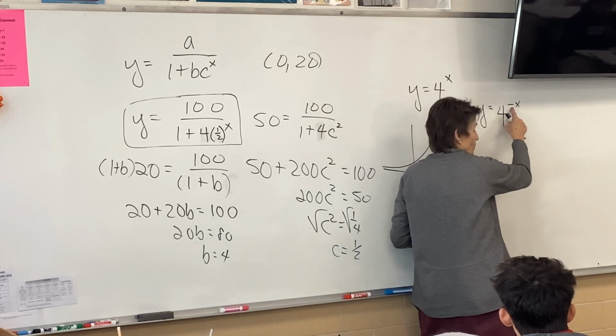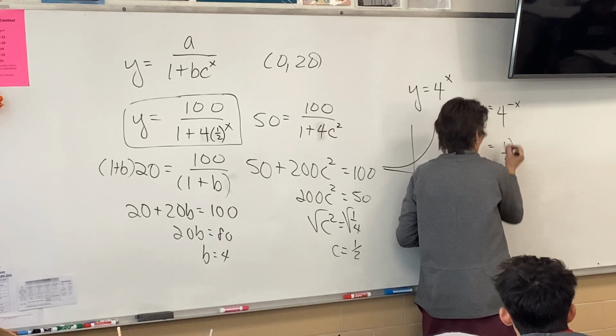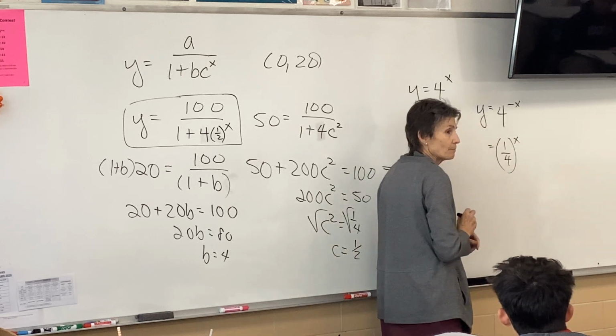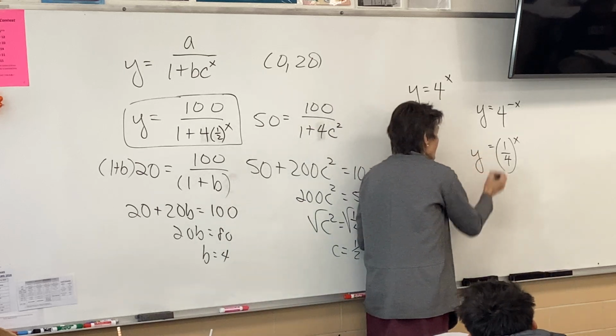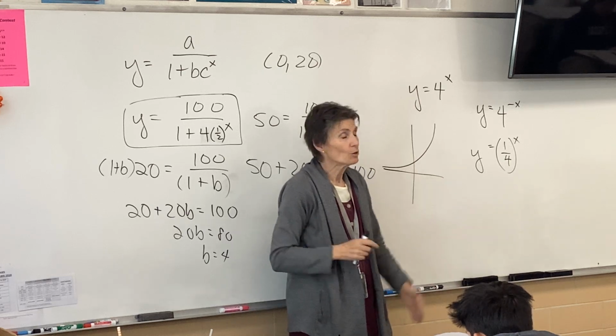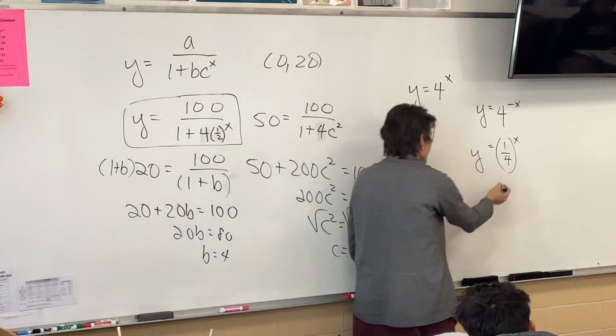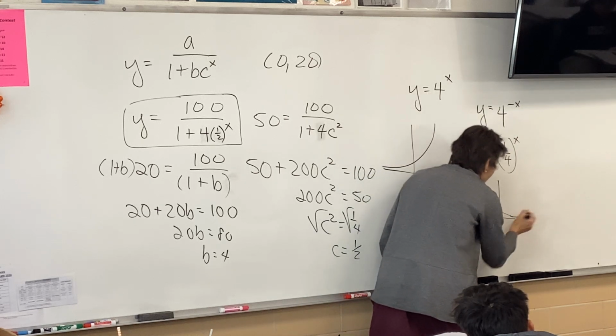Now, what does the negative exponent do? It flips it and makes it 1/4 to the x. Now, when your base is less than 1, like a 4th, you're not growing, you are decaying. So it looks like that.